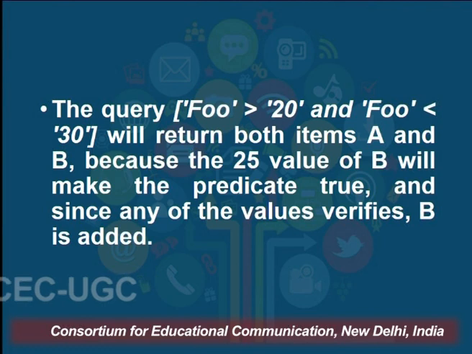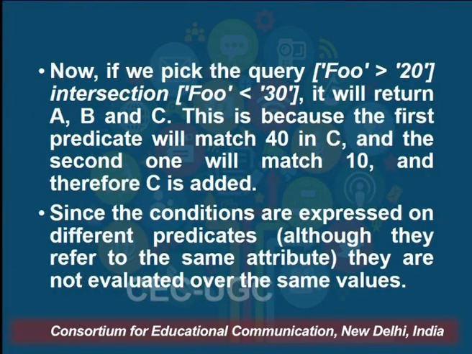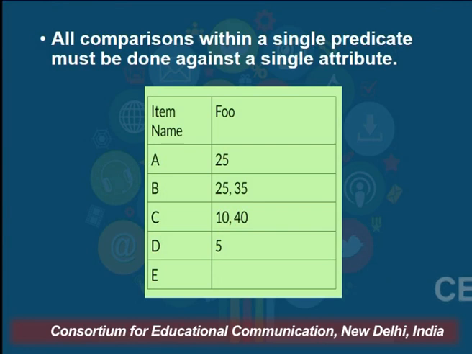Now, let us see another query. Let us say foo greater than 20 intersection foo less than 30. This is going to return A, B and C, because C also has a value 40, which satisfies the condition.